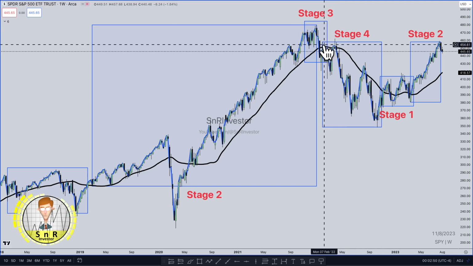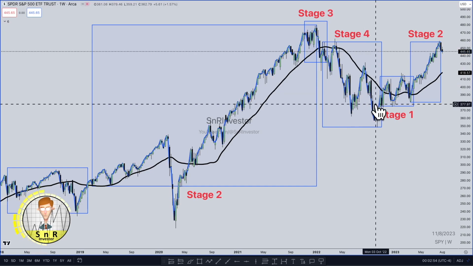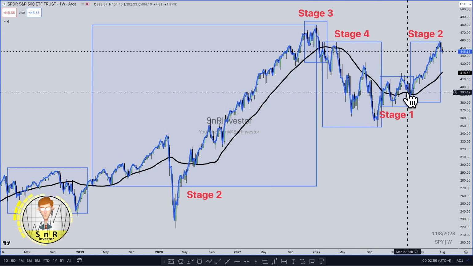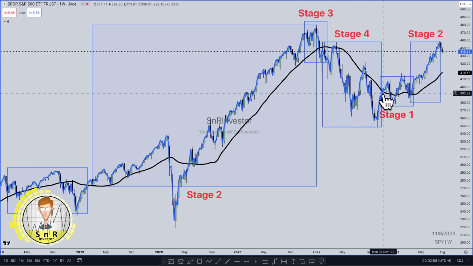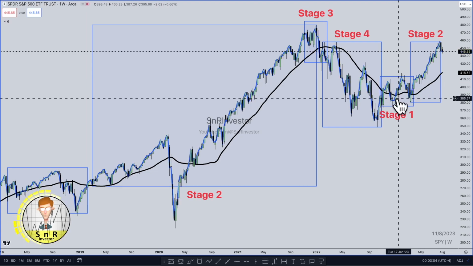So you can see that stage 4 was pretty much most of 2022, and then before 2023 started, we had a stage 1 whereby price started to cross over the 30-week moving average both up and down.